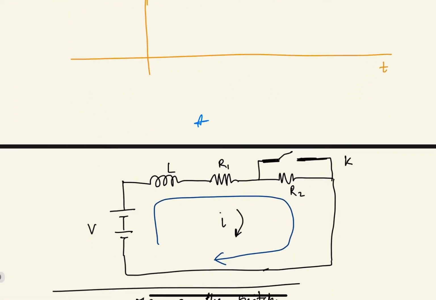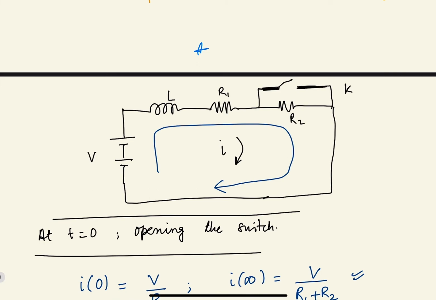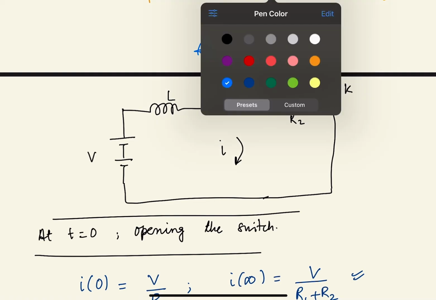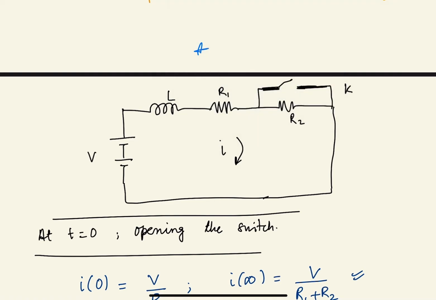This is one example. Now let's take a look at the same circuit, but with slightly different conditions. The different condition here is that we have the same circuit as before, but instead of closing the switch at t equal to 0, we open the switch at t equal to 0.